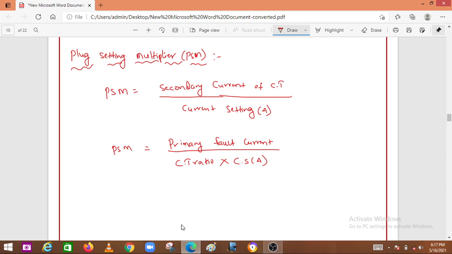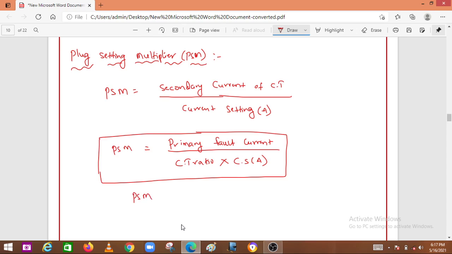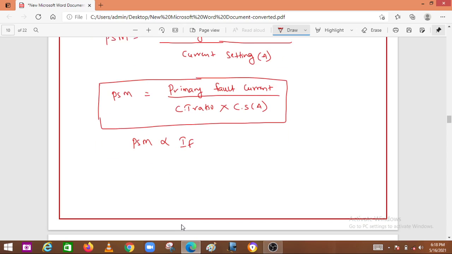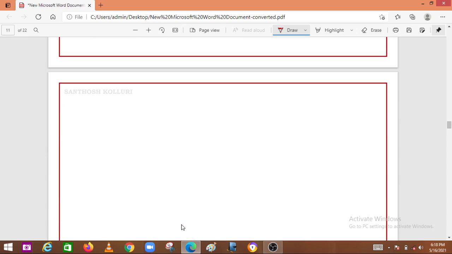This is a very well known formula for calculating the PSM. So plug setting multiplier is directly proportional to fault current, because primary fault current is in the numerator. If the plug setting multiplier is greater than 1, then the relay operates.